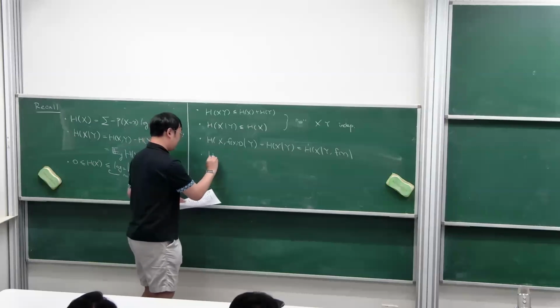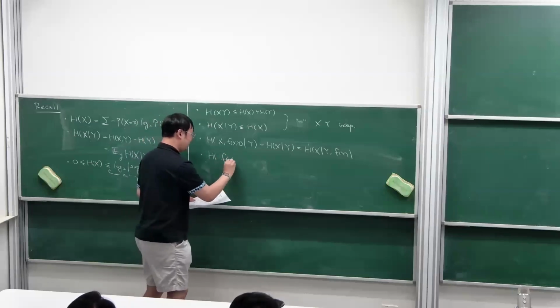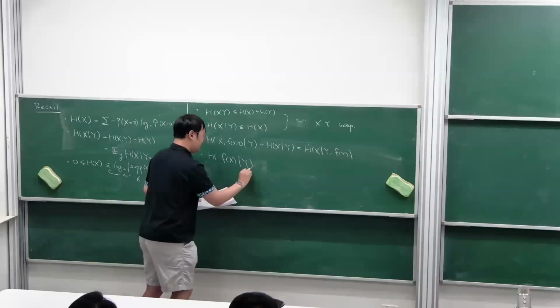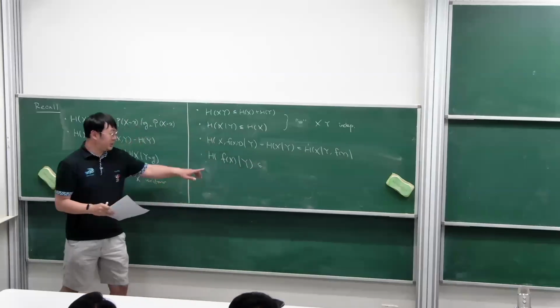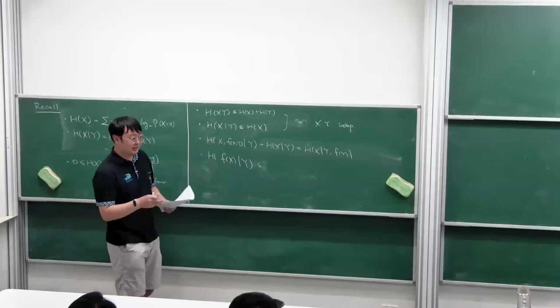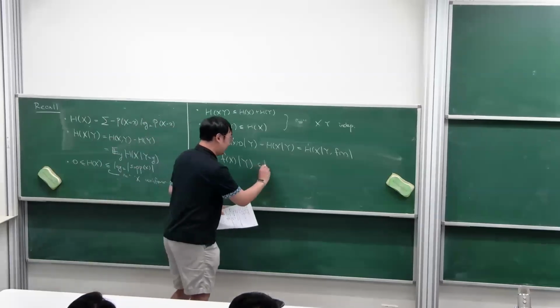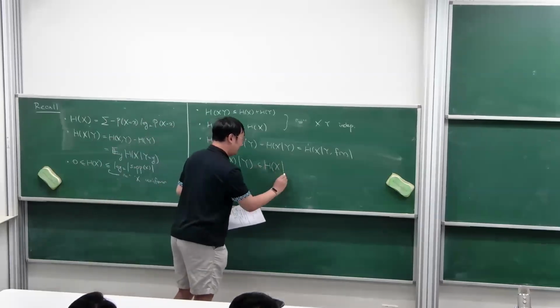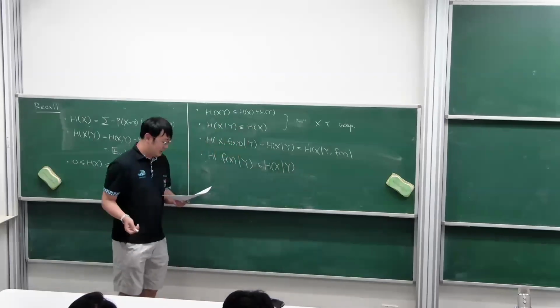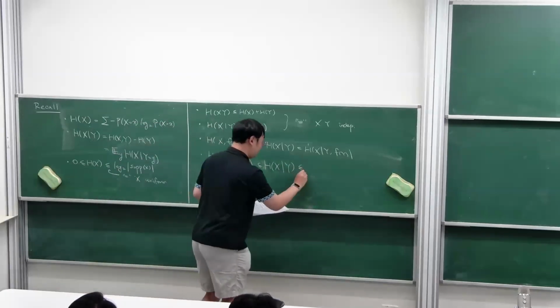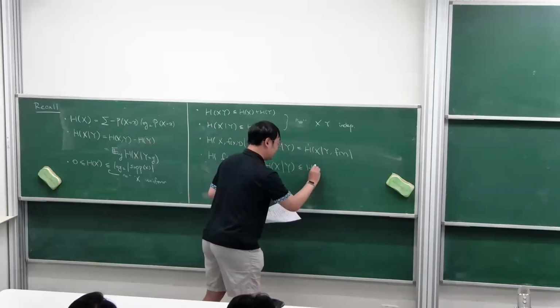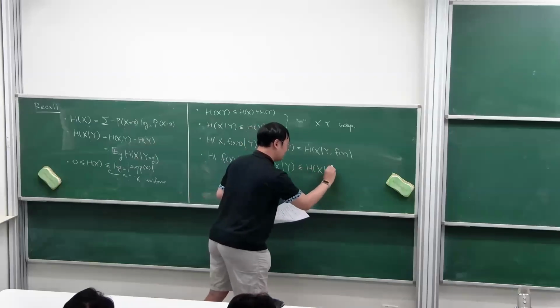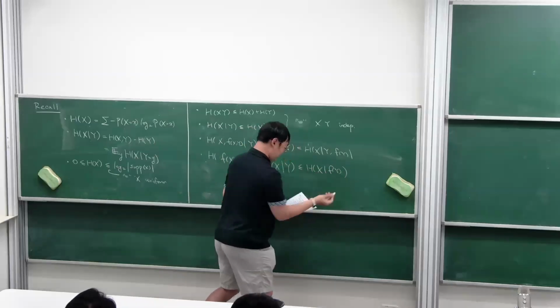And we also talk about some inequalities related to f. The amount of information when X is composed with a deterministic function is always less than or equal to the amount X itself carries. So you have this inequality, and similarly, you can compose the deterministic function in the Y part, so you get this inequality.